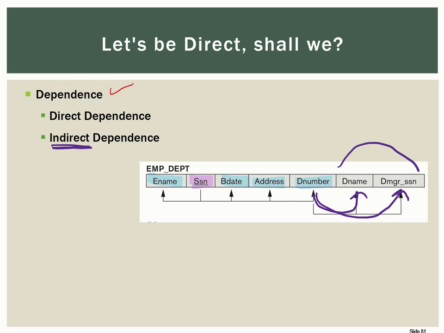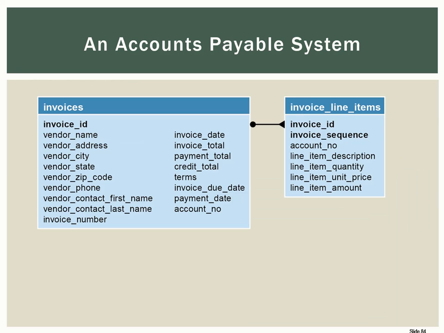And now we're reminded about what those are. This is an accounts payable system that has invoices and line items for those invoices. It looks like it's in first normal form because all the fields seem to be atomic. We're not repeating any fields. So we'll give it a first normal form pass for both tables.